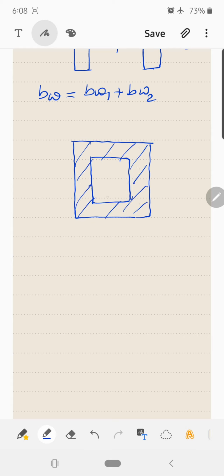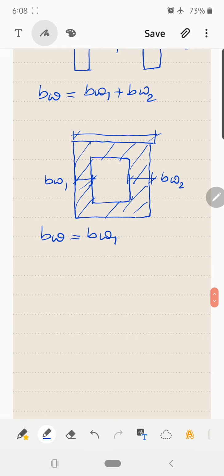When you assume neutral axis within the flange, take this as the width of the flange, and when you get neutral axis beyond the flange, this is BW1, this is BW2, and if you get neutral axis in the web, the total width of the web is BW1 plus BW2. That is the change.